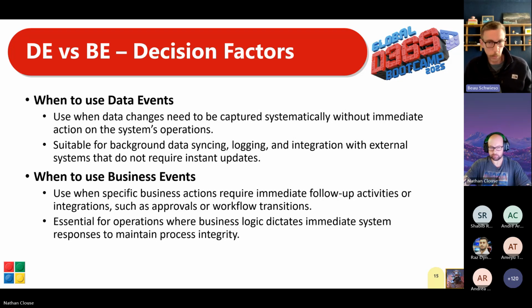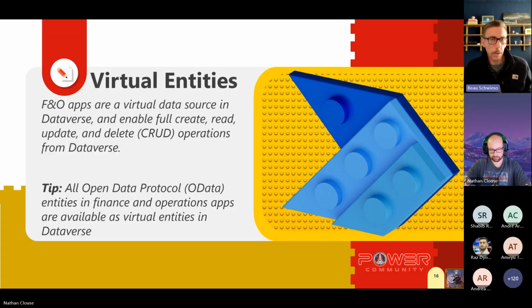So speaking of other tool sets, let's go to the next slide. Let's talk about some virtual entities. Virtual entities for us are very close to entities, where entities are really close to F&O or D365. Virtual entities are that other side.